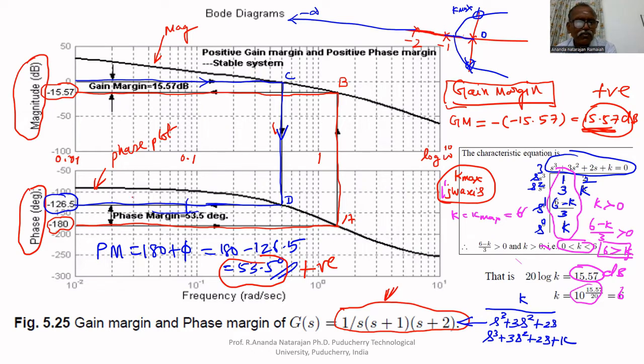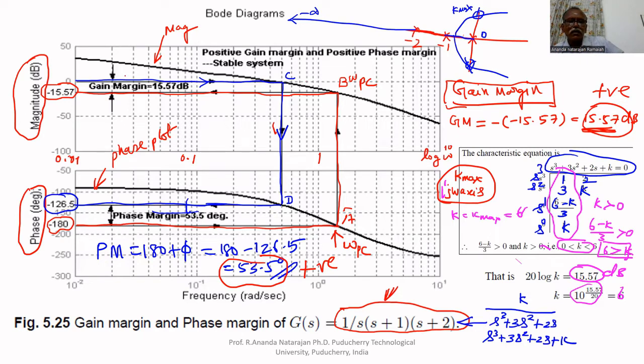Here, to find gain margin at minus 180, we have drawn a horizontal line. It cuts the phase plot at A. The frequency at A is called the phase crossover frequency, where the phase crosses 180 degrees. So we find the gain margin at the phase crossover frequency.